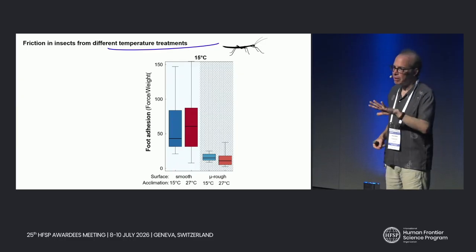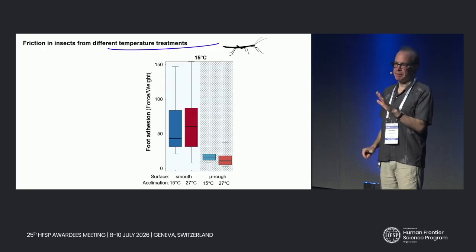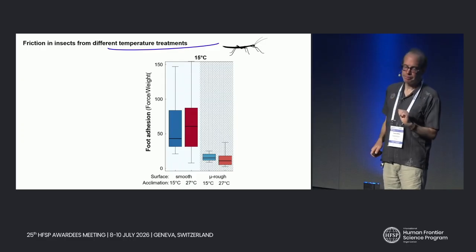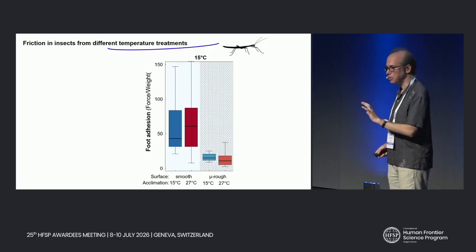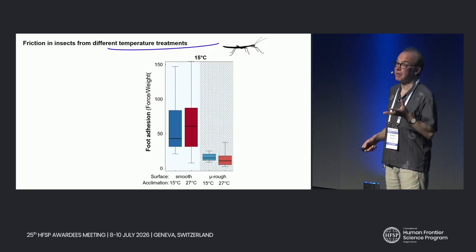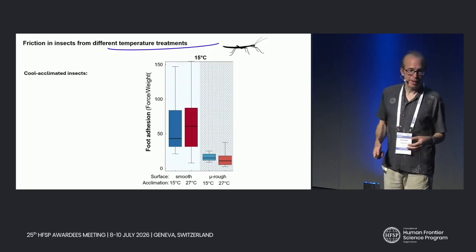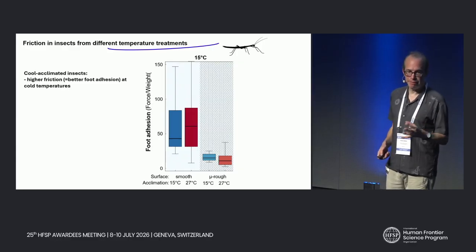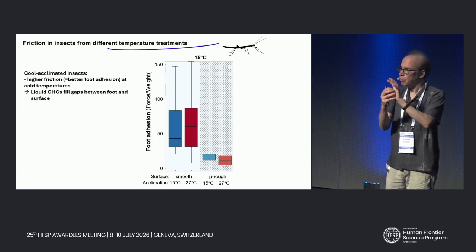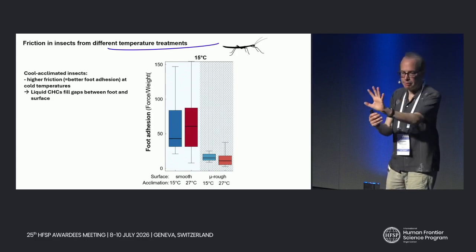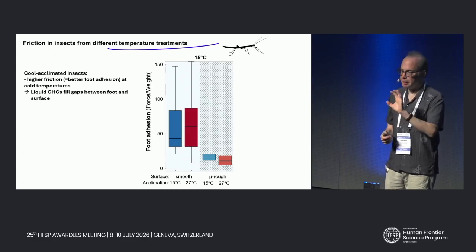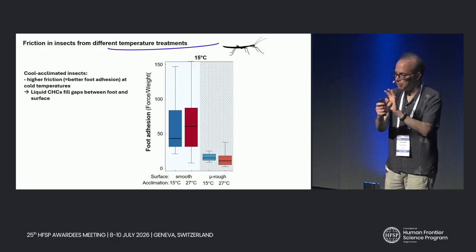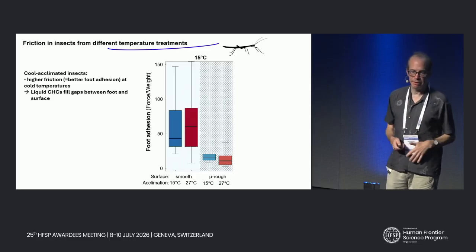When it's micro rough, so when you have tiny bumps, the contact area is much lower, and there the hydrocarbons are good. And the cool acclimated ones have more liquid hydrocarbons, and they had better foot adhesion, because these liquid hydrocarbons were secreted from the feet and could close the gap between the surface and the foot.